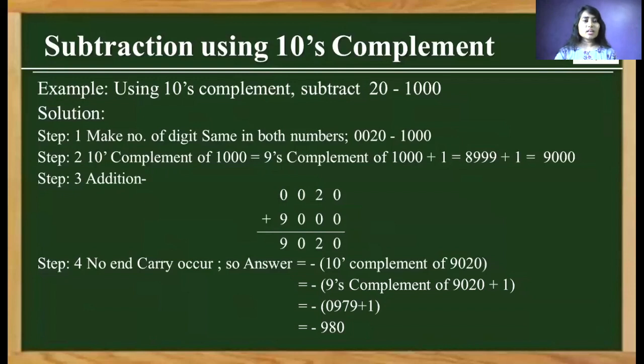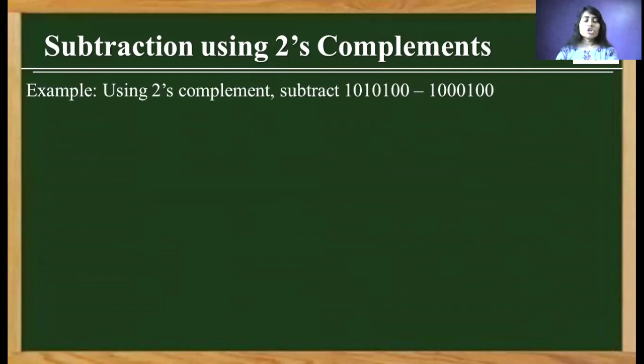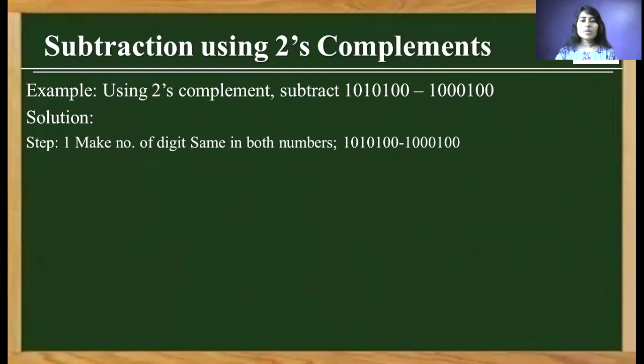Now let's take another example for 2's complement. Subtraction using 2's complement. Using 2's complement, subtract 101010 minus 1010. So first make the number of digits the same in both numbers.